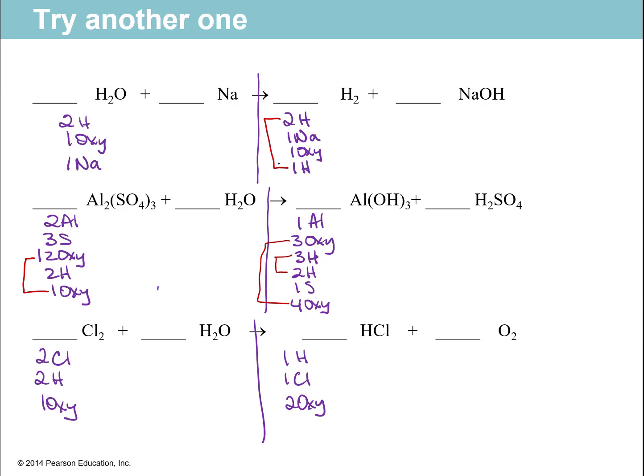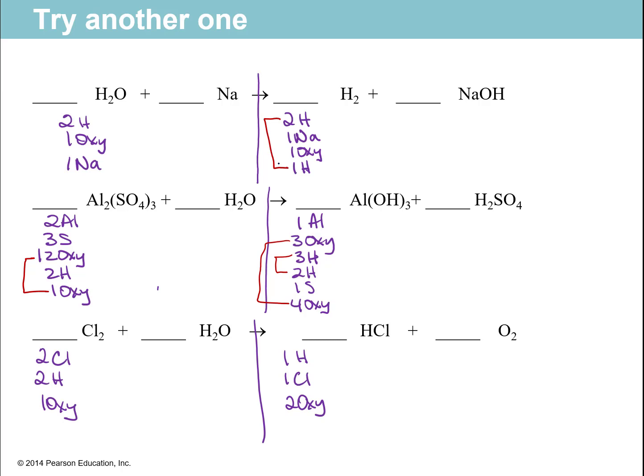So the thing to look at in this one, the side that only has 1 hydrogen in a molecule is over on the left, and it's a 2. So that's an even number. So do you notice over on the right, I have 3? So which of those hydrogen numbers should I change in order to be able to have an even number? Do I want to change the 2 or the 1?